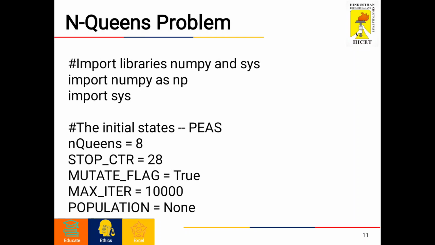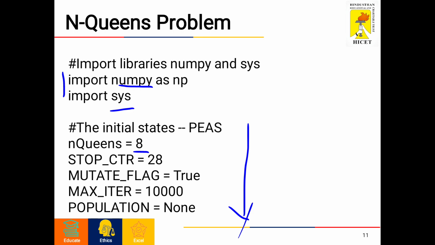Here is a Python code for implementing the 8 queens problem. First, we have imported the libraries. NumPy is imported for numerical operations as well as for array manipulations, and sys is for system specific parameters and functions. Initialization is done here. We have initialized the variables in order to configure the GA for solving the 8 queens problem.